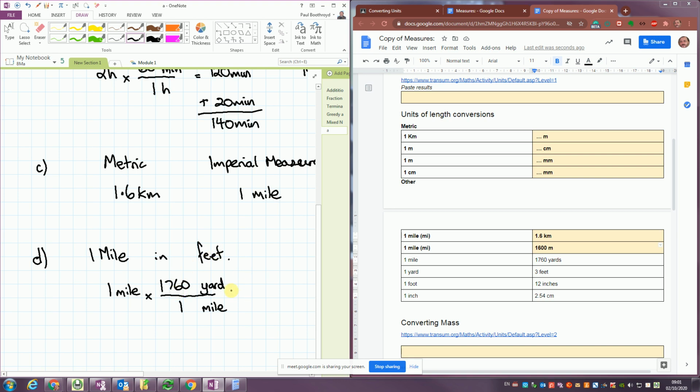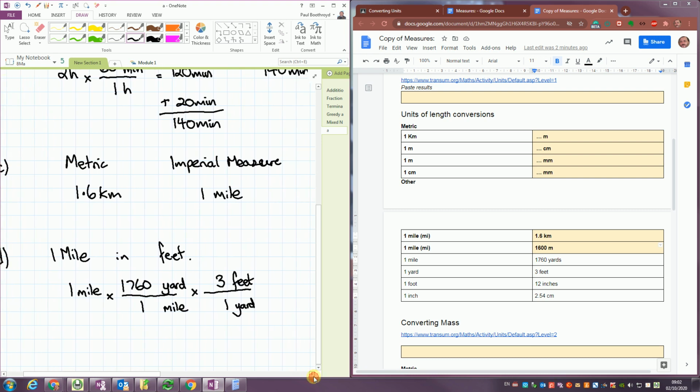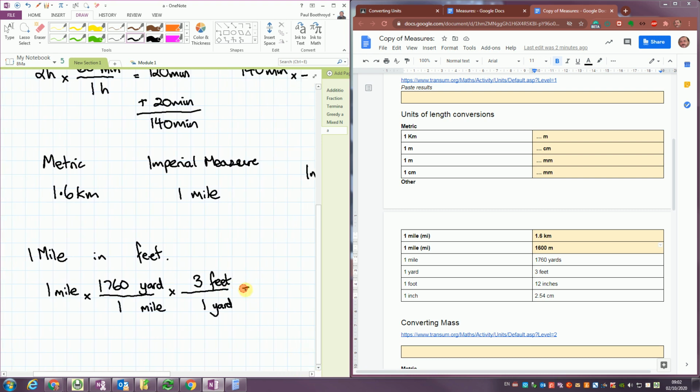I want to go to feet, so I need to convert. I can say 1 yard is 3 feet. So cancel the yard on the bottom and give myself 3 feet. Okay. So now I use the calculator to calculate my sum.